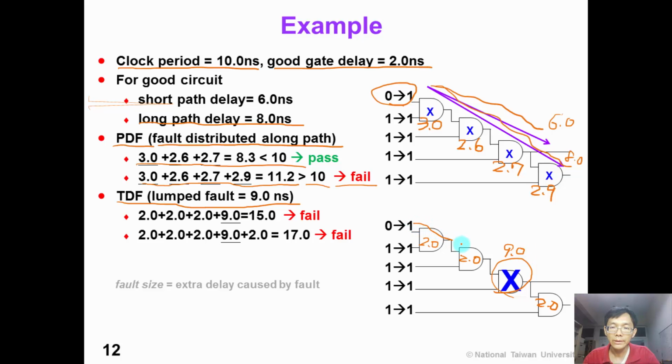No matter whether we test the circuit along the short path or the long path, their delays are larger than 10 nanoseconds, so we can detect the fault. From this example, we can see the difference between these two fault models.